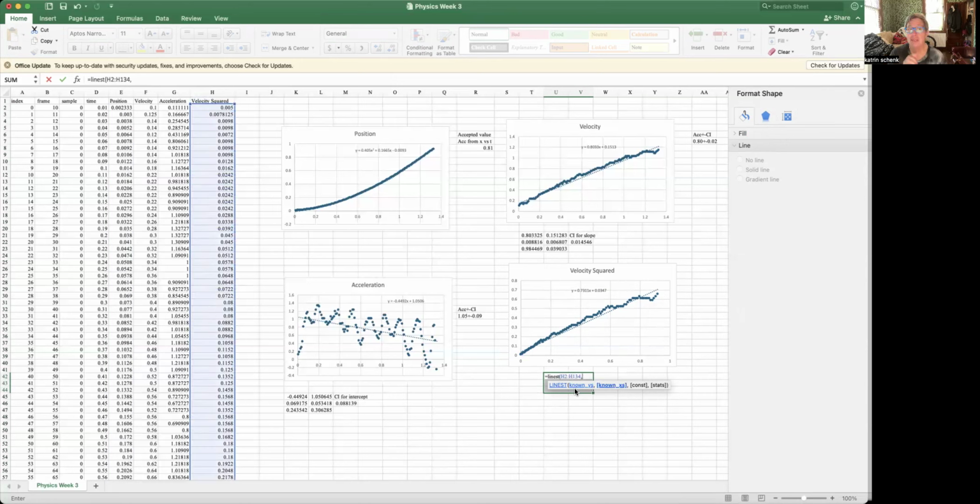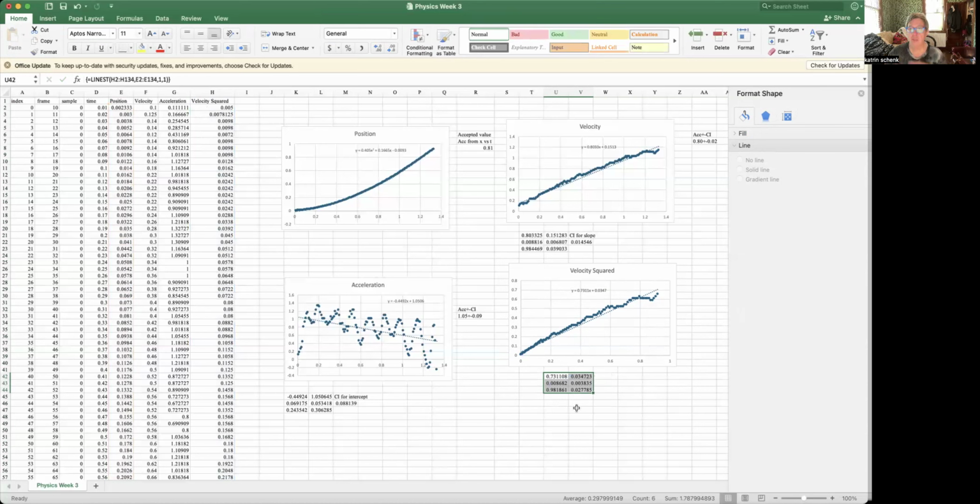My known x's are not time, but position, which is E2 through E134. Now again, Control Shift Enter, and I'm after the slope and its confidence interval. So again, CI for slope is equal to 1.65 times the standard error.